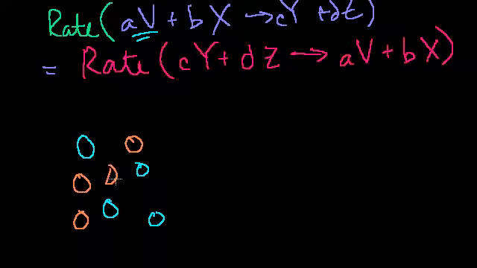So the reaction is really going to be driven by, if you think about it, the probability of finding A V molecules and B X molecules all within a close enough set of confines that they can actually react. So you could say that the rate is going to be driven by, maybe it's going to be proportional, let's say it's just equal to some constant that takes into account things like temperature and how the molecules are actually configured, because it's not dependent just on them being there.